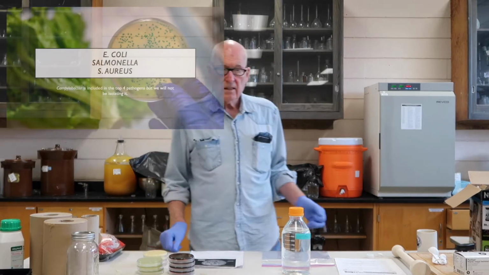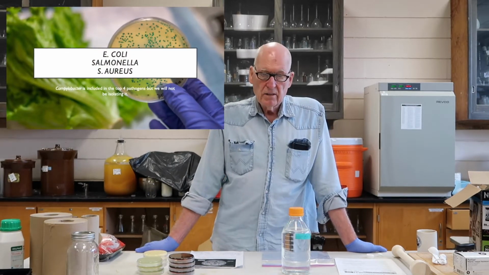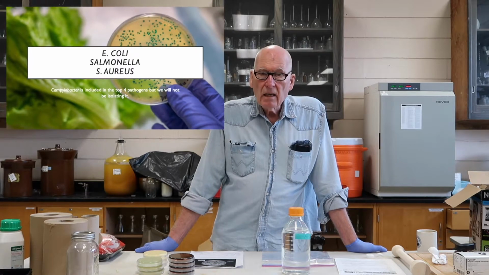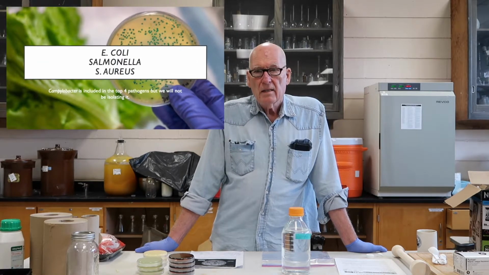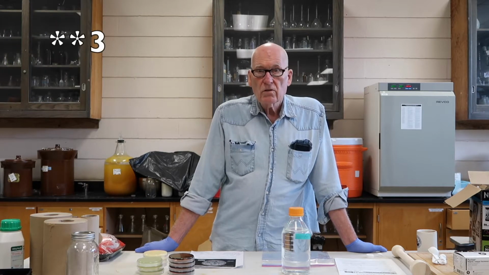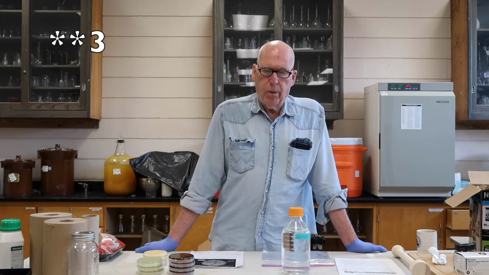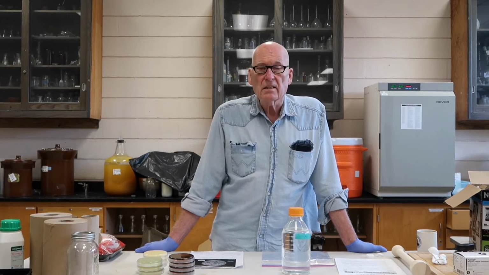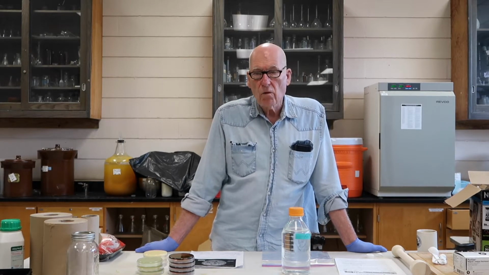We're going to try to isolate some E. coli pathogens, and we're going to try to isolate Salmonella and Staph aureus, and those four organisms are in the top. There are six organisms, and the top four are infectious diseases in foods. So we're going to go after four of them.